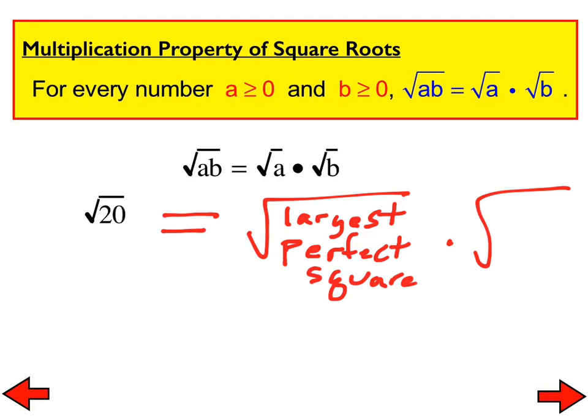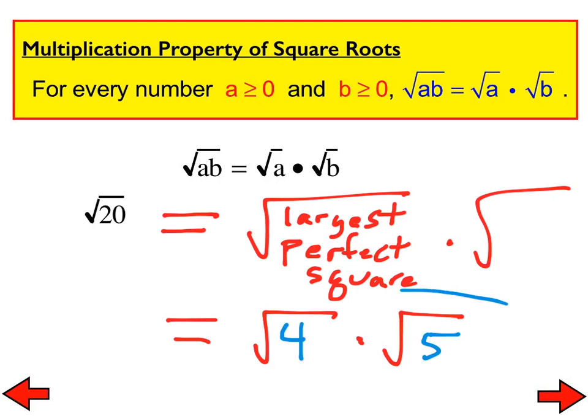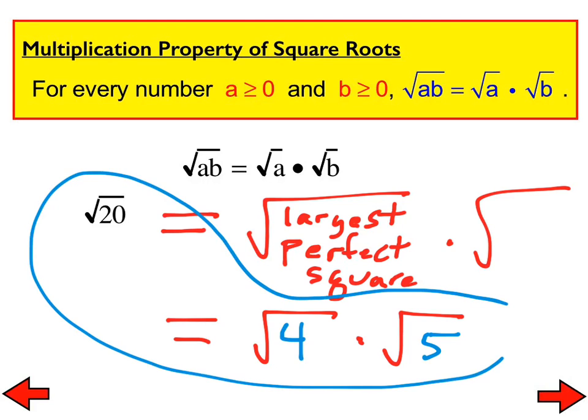So if I'm going to do that, what is the largest perfect square that will go into 20? Just say it. 4. So we're going to break 20 up into 4 times 5. And all I've done here is utilize this property. I've split it up into two numbers that multiply together to make the number underneath the original radical.